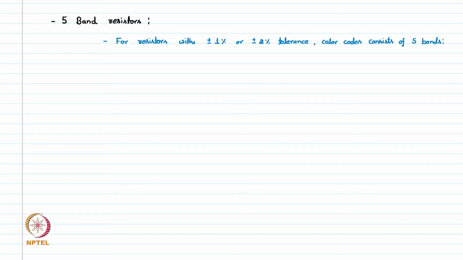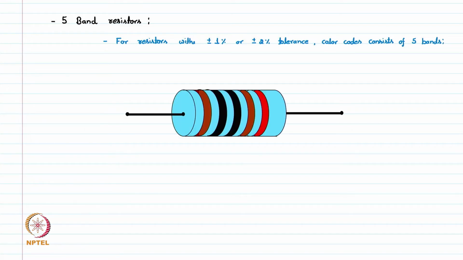So, for example, we have this component. Here we can see we have 5 bands instead of 4 bands. Based on these 5 bands, now we are going to calculate what is the value of this resistive component.